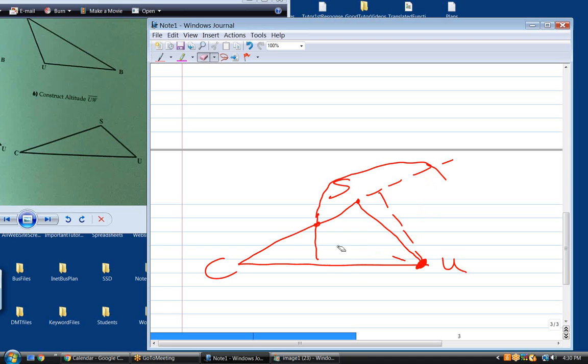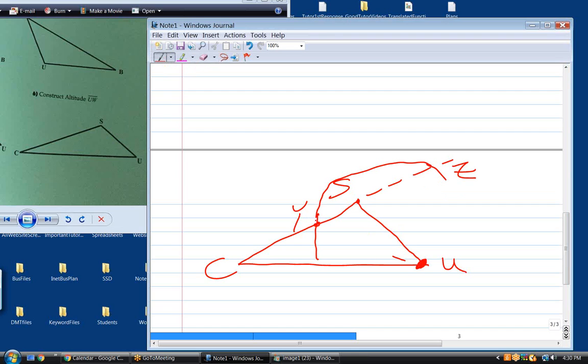Yeah. Now, my goal is to bisect YZ. So we've turned the problem of an altitude into a line bisector. I don't really care about this altitude anymore. What I care about is, how do I break up YZ into 2 equal segments?